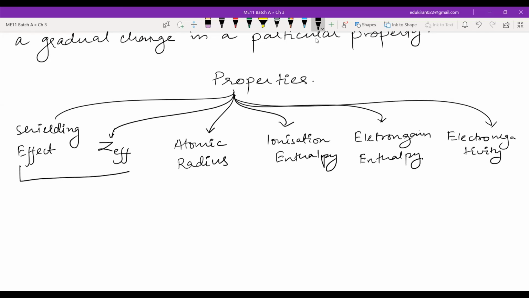The first two topics are not in NCERT, but a slight idea of shielding effect and the effective nuclear charge is very important to understand the atomic radius, ionization enthalpy, electron gain enthalpy, and electronegativity. Okay.